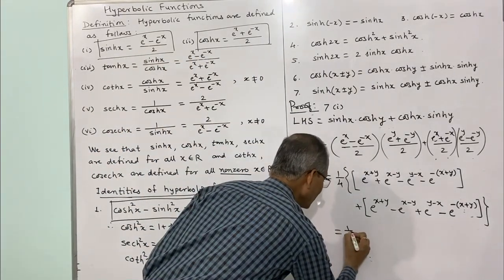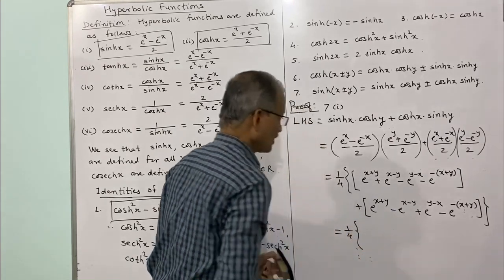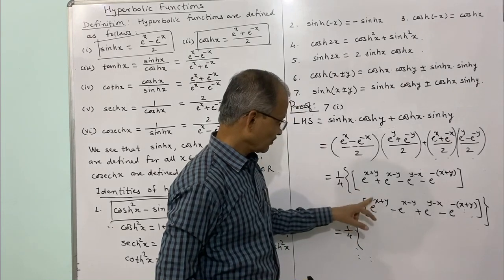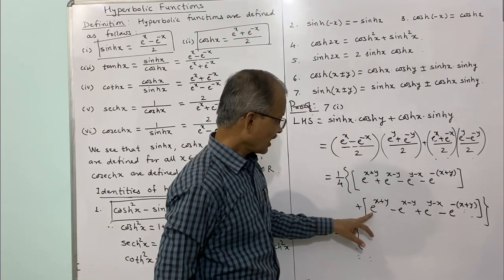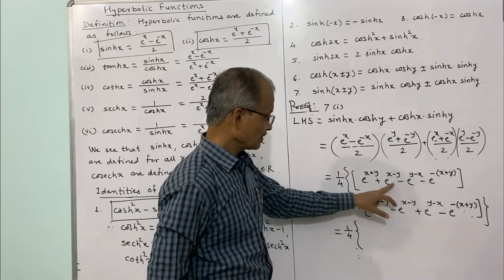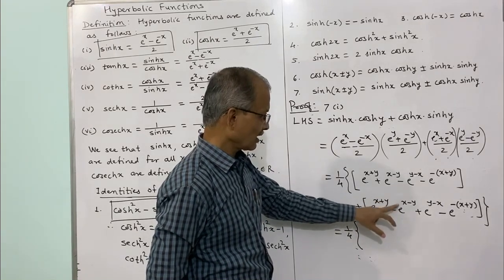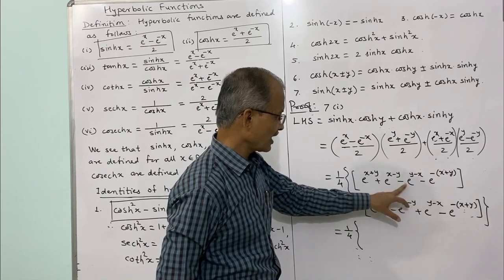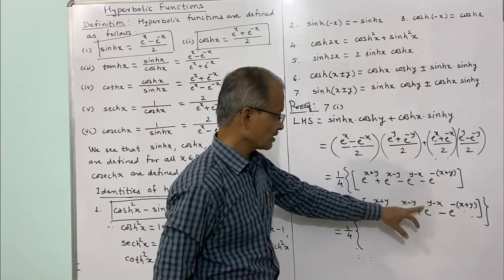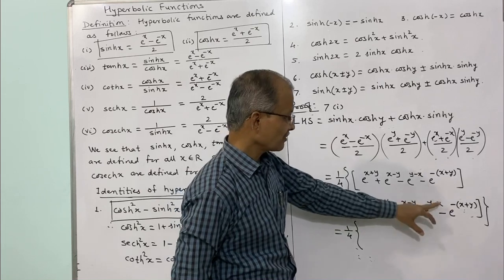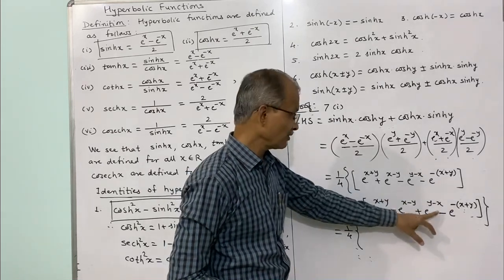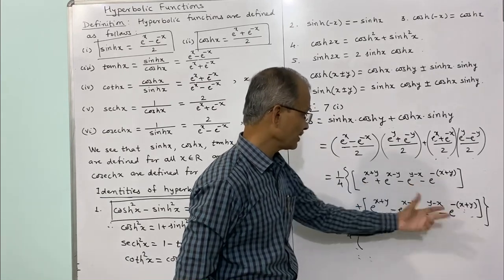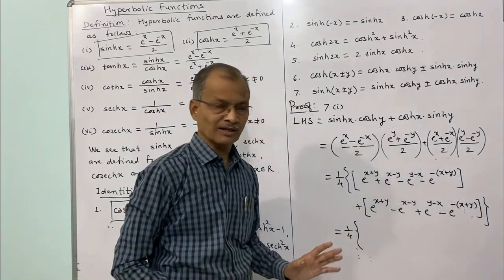Now you see what remains in the bracket. 1 by 4 is common, and there is addition for the first term, and therefore these terms get double. And what about the second term in each bracket? They are opposite of each other, so they cancel. This is y minus x with minus, and this is plus, so this term also cancels. And the last term has the same sign, so it will be added, it will be a double term. The first is double, the last is double, and the middle two of each bracket cancel.